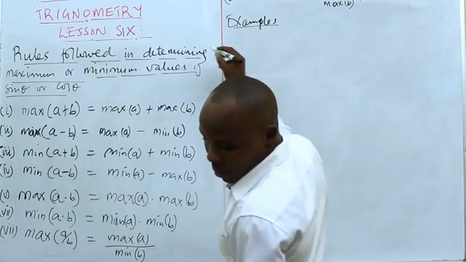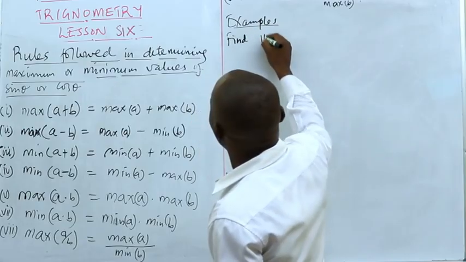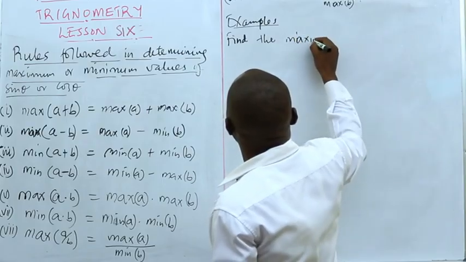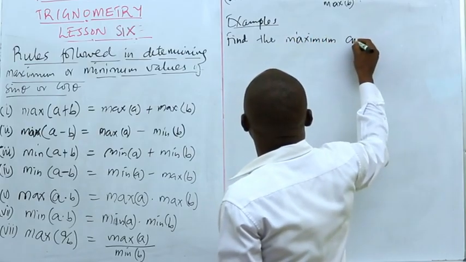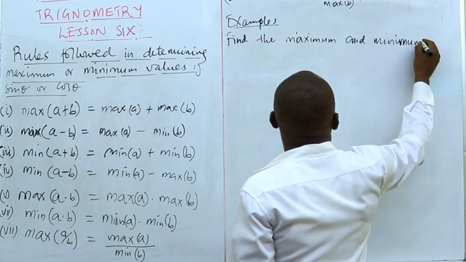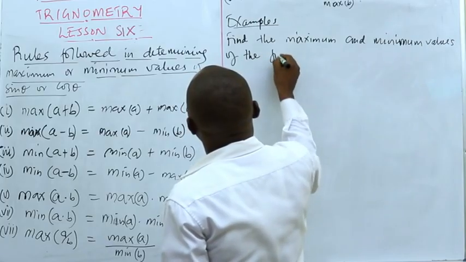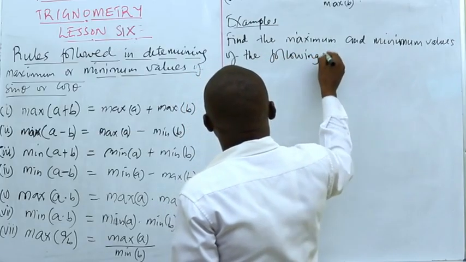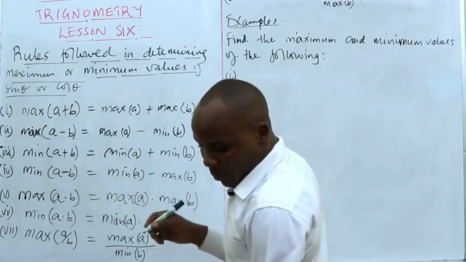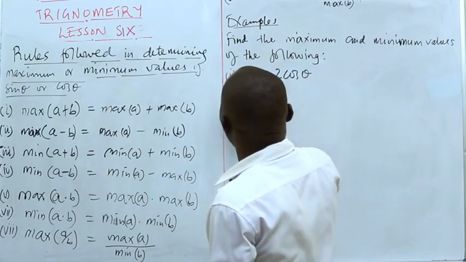Examples. We are finding the minimum and maximum values of the following. The first one, we have 3 plus 2 cos theta.